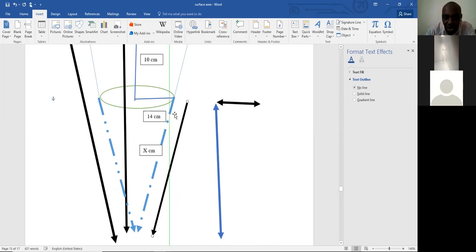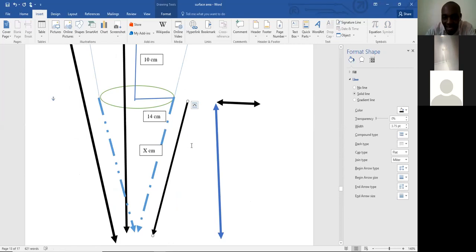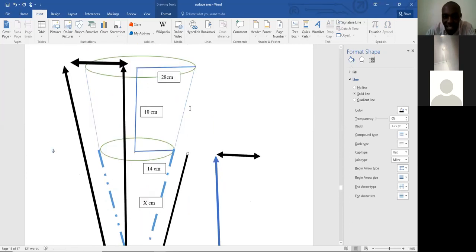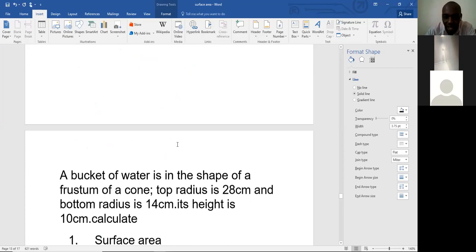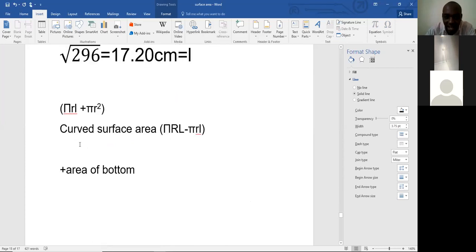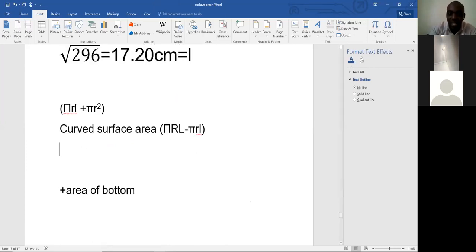So that is what we are going to use. So pi r l. That is how you find the curved surface area of a cone. So having said this, now I can come below here and say there's going to be pi.